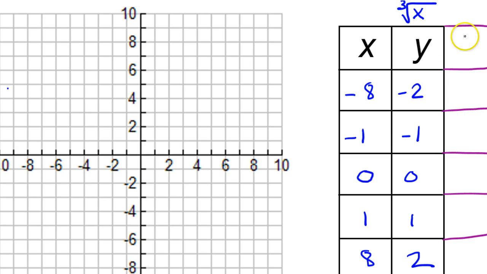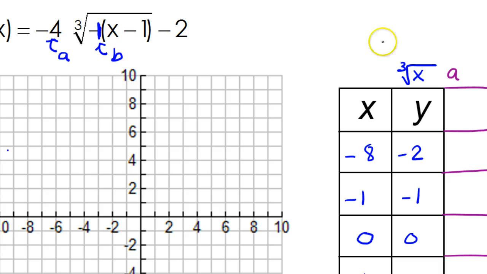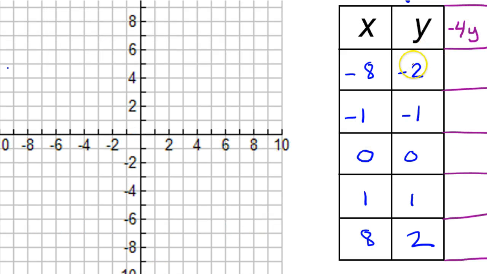For the new y column, we always multiply the a value times the y values. In this case, the a value is -4, so I'm going to multiply all of these by -4. That's going to make +8 and +4 and 0 and -4 and -8.